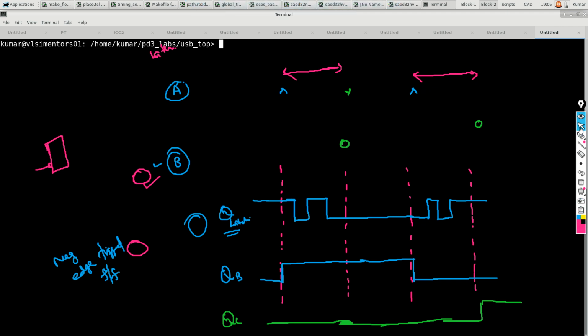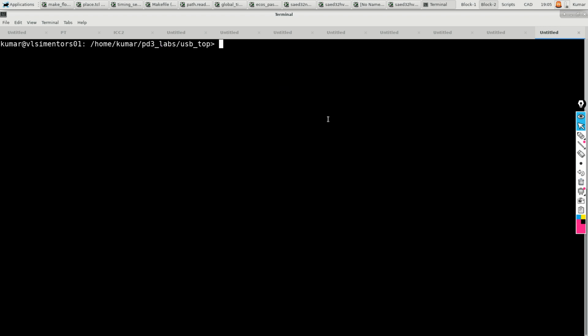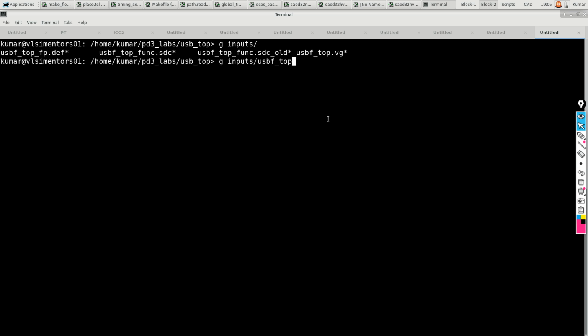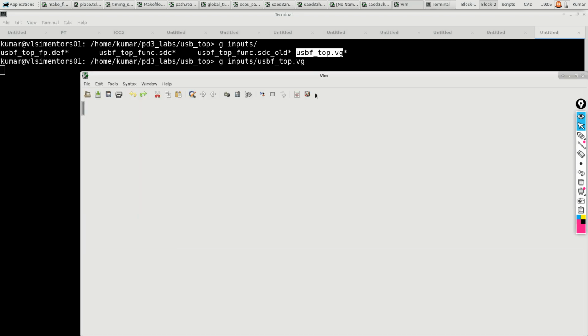I'm telling you, the DFF is the only flip flop that we would be using in our designs. I'm just showing you. For example, say we have a USB top as one of the designs. You go inside and you will have the Verilog netlist.